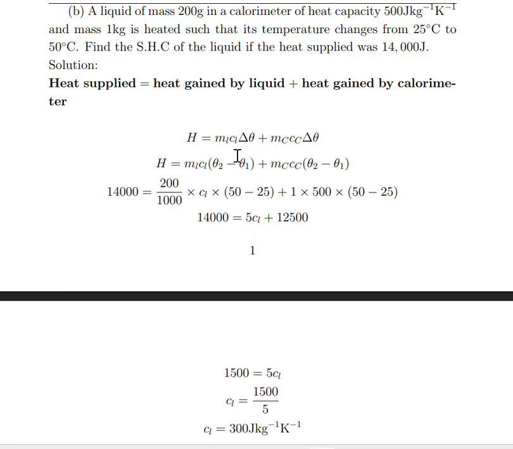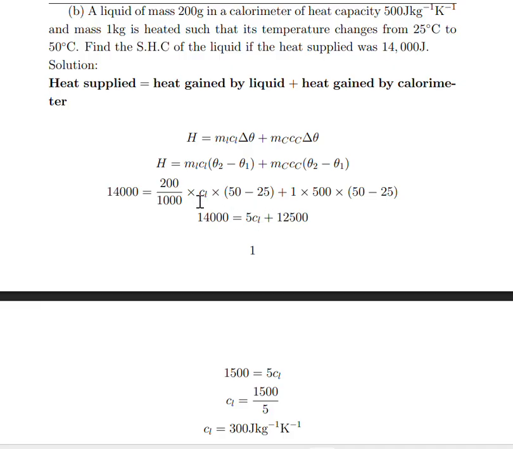In this equation we needed to make sure that we have uniform units, and the standard unit of mass is kilograms. Since the mass of the calorimeter has been given in kilograms, we shall leave it the way it is. So it is 1 kilogram times the specific heat capacity of the calorimeter, which is 500 joules per kilogram per Kelvin, then times the temperature difference, which is the same as that of the liquid, 50 minus 25 degrees.